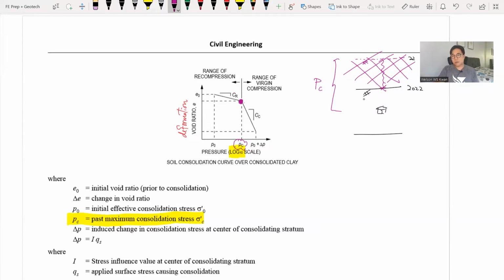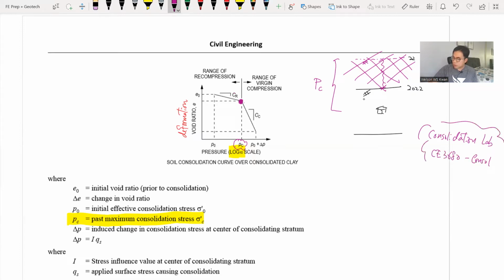And again, we can recover it in the lab if we take the soil elements, ship them back to the lab, and put them in the oedometers to run a consolidation test. Then we can recover this piece of information. If you want to learn more about the consolidation lab, please go back to my CE 368 consolidation lab.